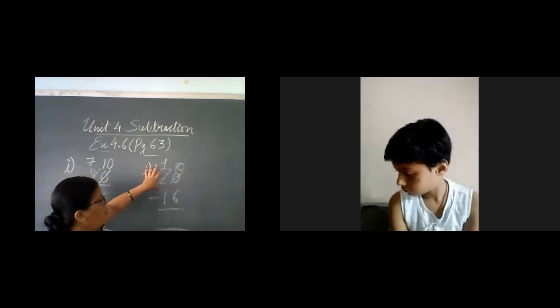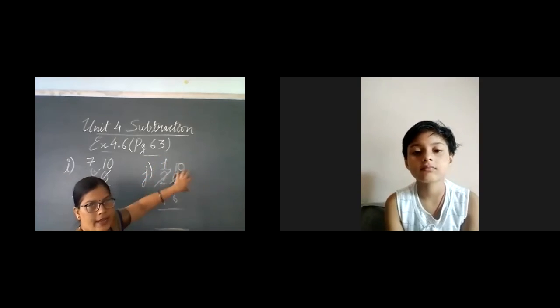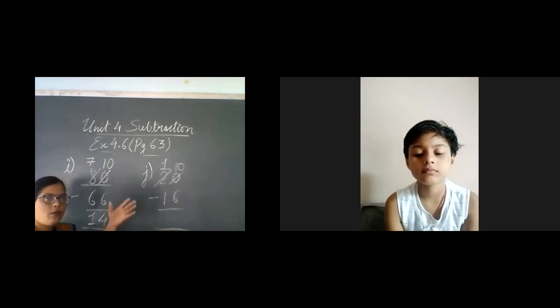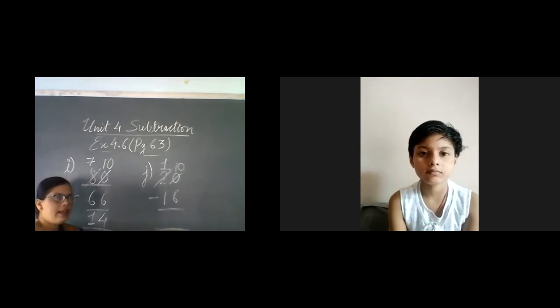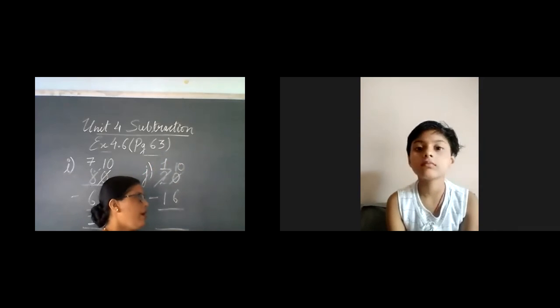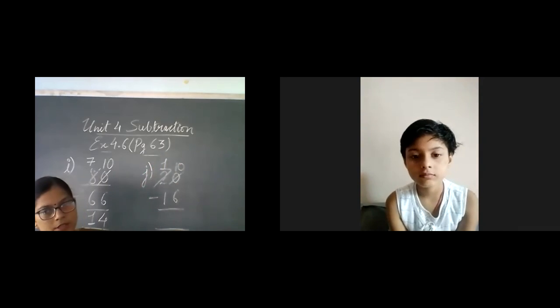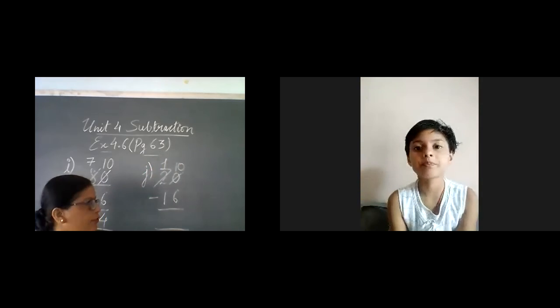Now at the 1's place we have 10 and 6. We have to take away 6 from 10. So what will be the answer? Subtract on your fingers. Manyata, we have to take away 6 from 10. 4.